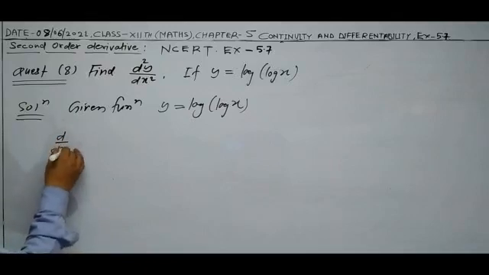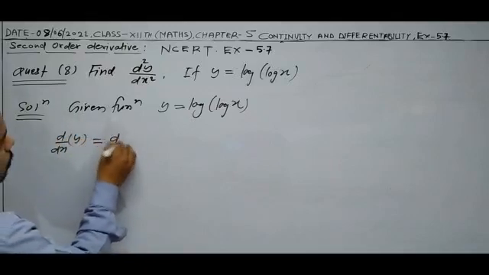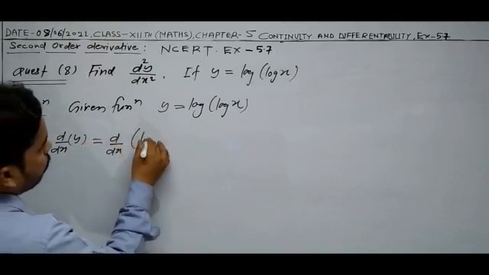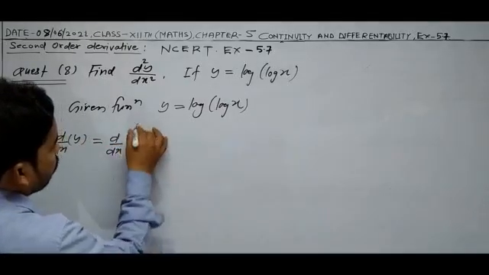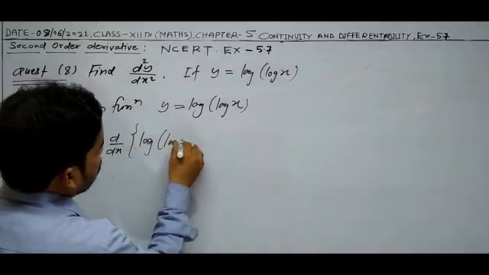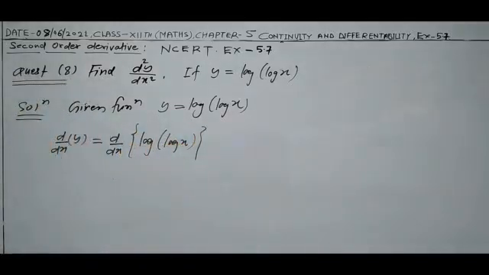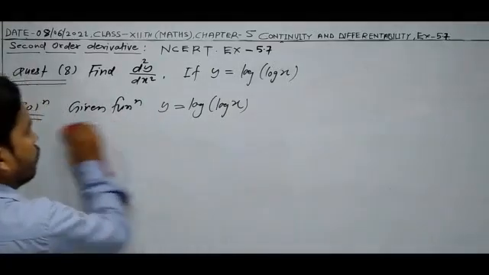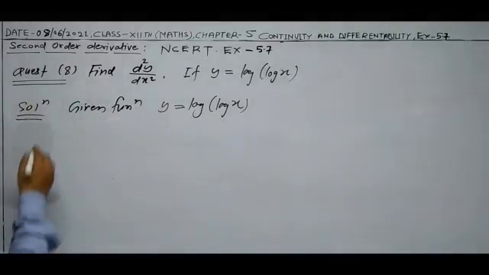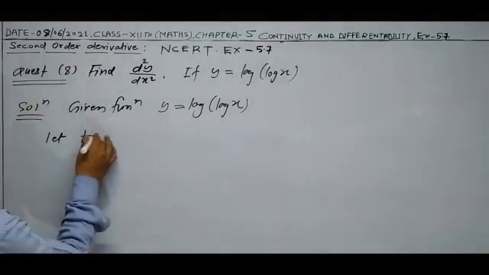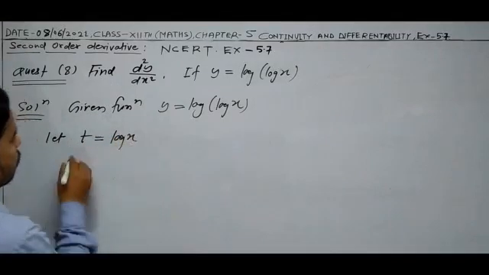So operate d by dx on both sides. The result will be d by dx of log of log x. To simplify this function, first of all you will consider let t is equal to log of x.